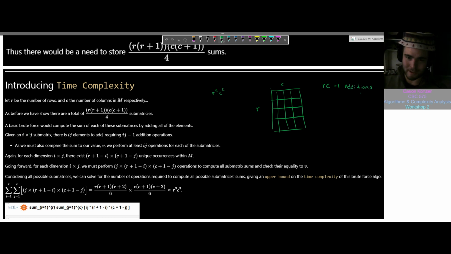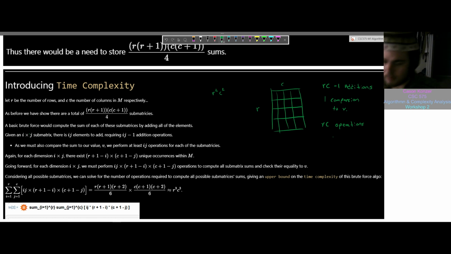To make this a little bit easier, we'll say we need to do rc operations for each submatrix, and that is because besides this rc minus 1 additions, we need to do one comparison to our input value v.